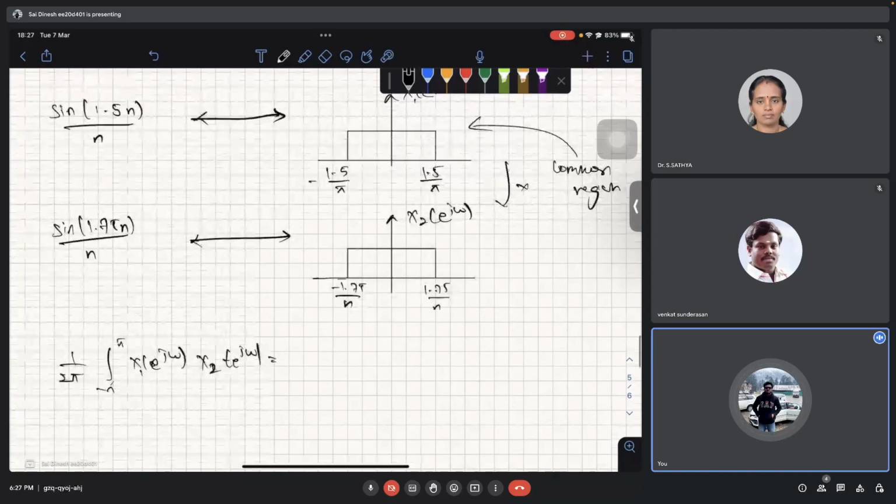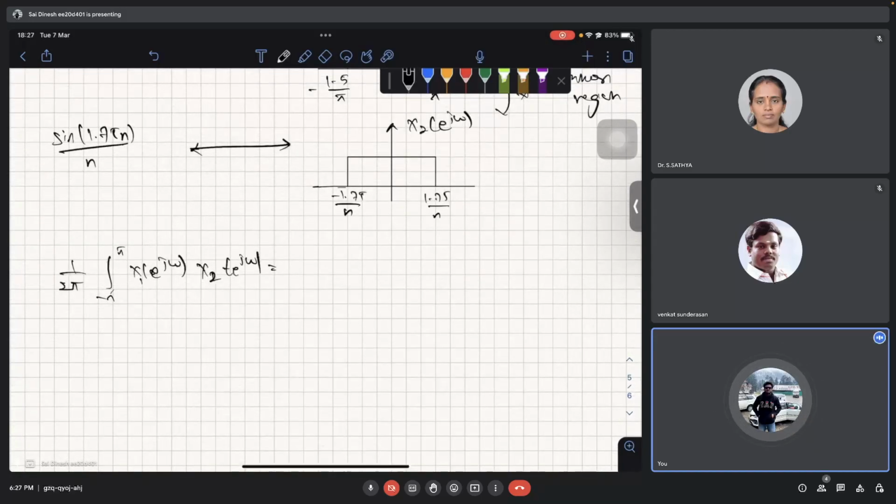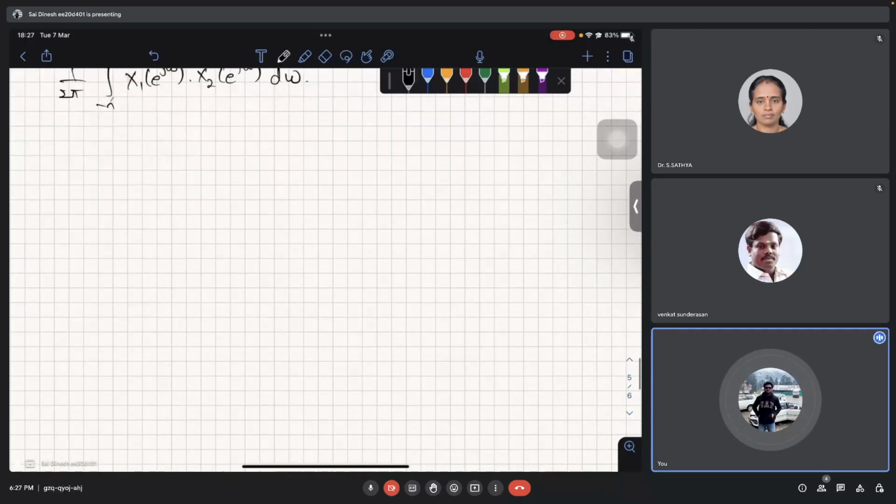Once you have the common region, you just multiply, put this in this equation, and you get the value that we want, basically. So let's do assignment question 4 now.